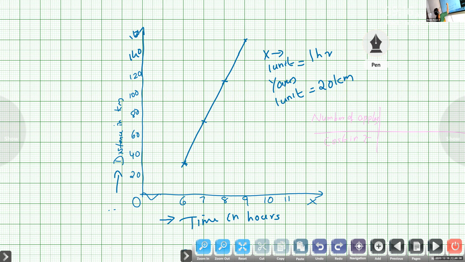Correct, you do it correctly. I drew the x-axis on the middle line, that's why. Here is the x-axis, so this is 20, 40.